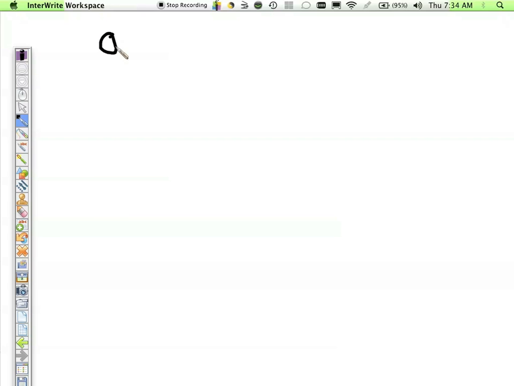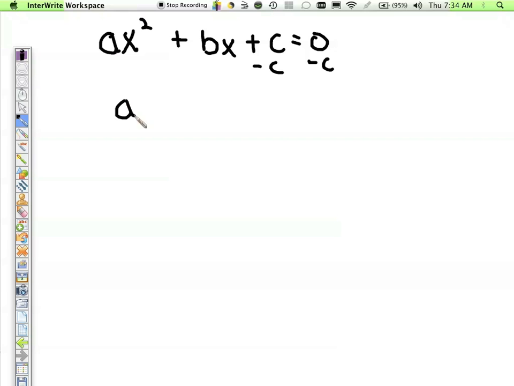Okay, start with ax squared plus bx plus c equals 0. To complete the square, I don't want a constant on the left-hand side, so I'm going to subtract c from both sides. Then I end up with ax squared plus bx equals negative c. If you watched anything on completing the square, you would know that I also can't have a coefficient on x squared.